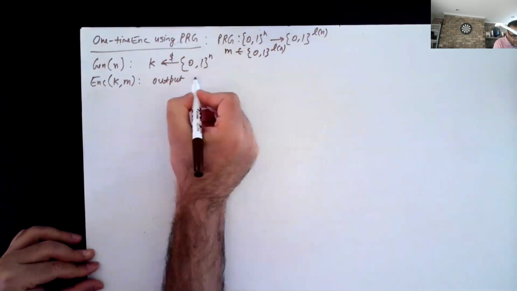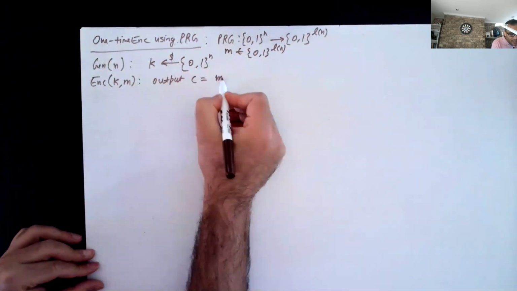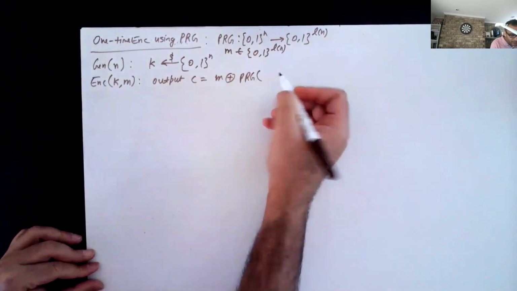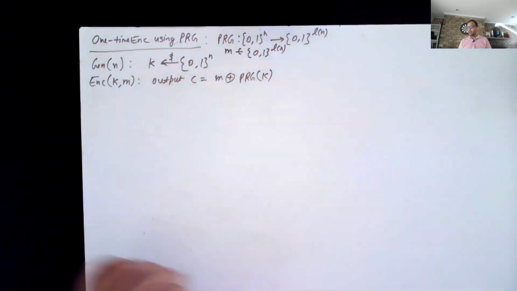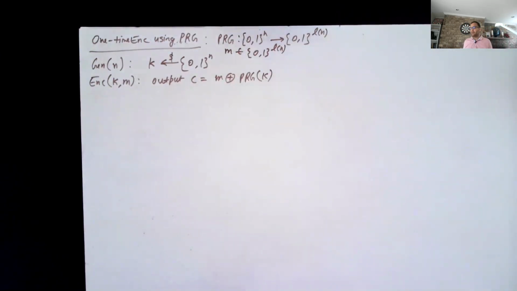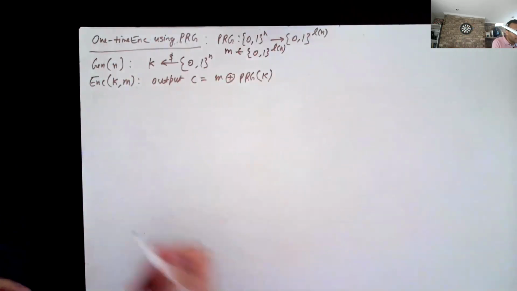Your ciphertext is simply M XOR PRG of K. Okay, we are just using one-time pad, except that now we are first stretching our key to the required size by an application of PRG. And if our PRG is any good, then the output of the PRG still looks uniform, which is what the one-time pad needs.